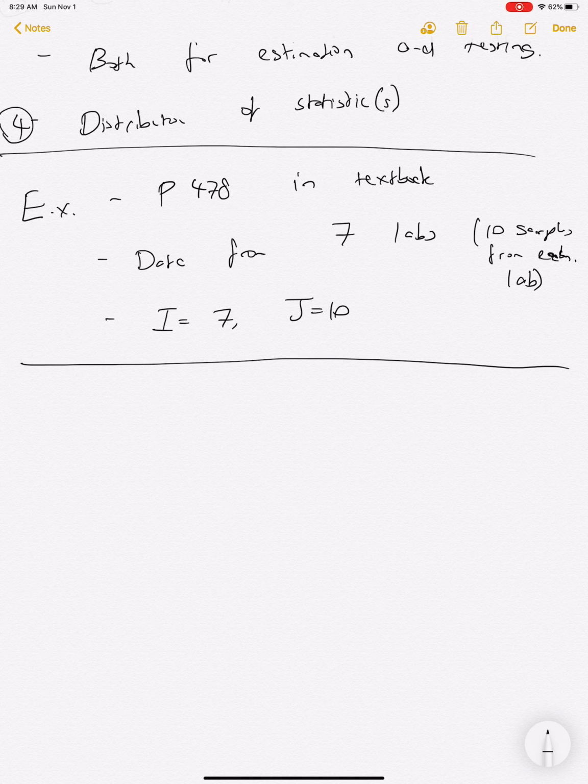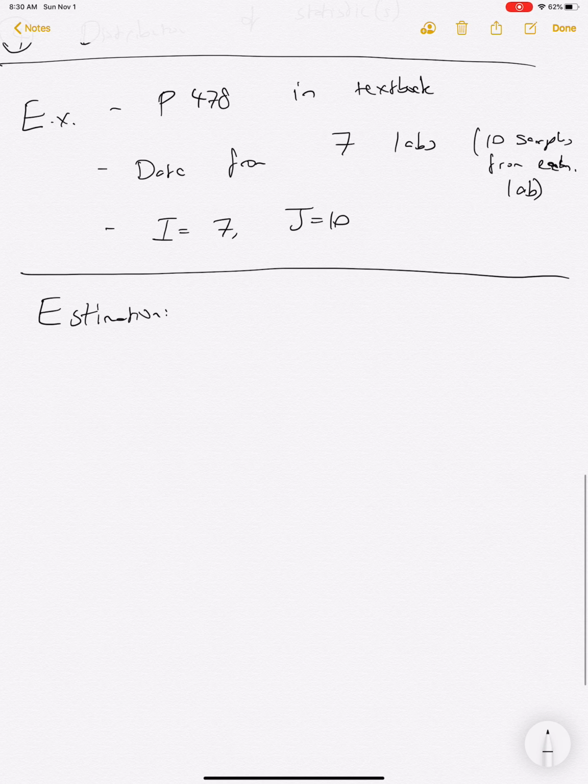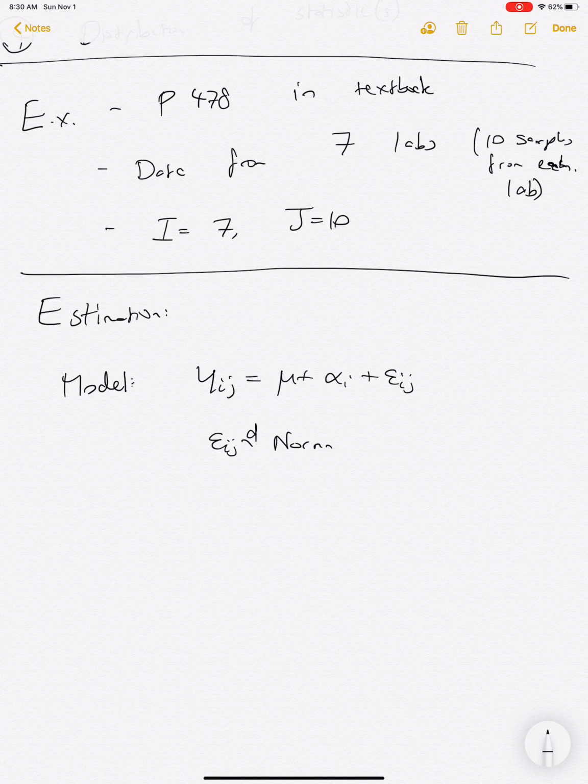So let's first focus on estimation. We have our model, which is that Y_ij is equal to mu plus alpha i plus epsilon_ij, where epsilon_ij is normal with mean 0 and variance sigma squared, and they're all independent.